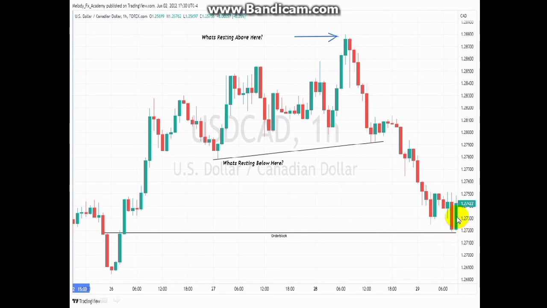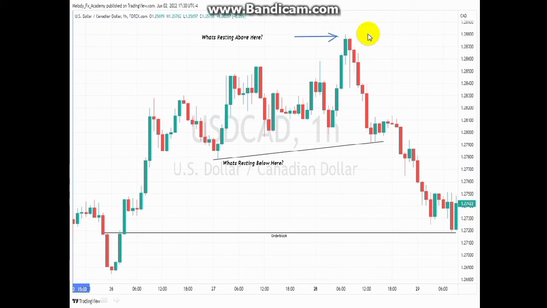Okay, so now let's say you go long here. Where is going to be your exit? That brings your mind back to this: what is resting above here is external range liquidity. So this is going to be a good exit, to get out of the long trade right here.